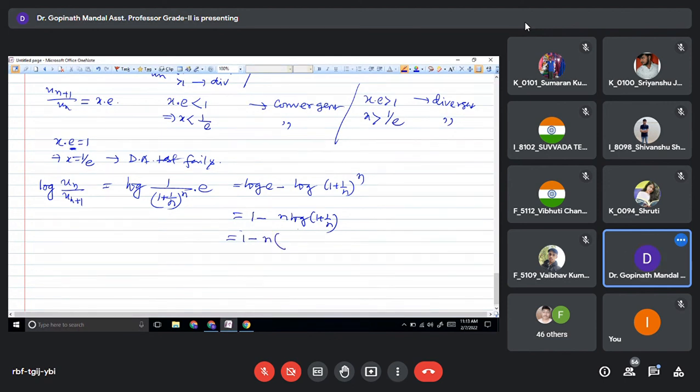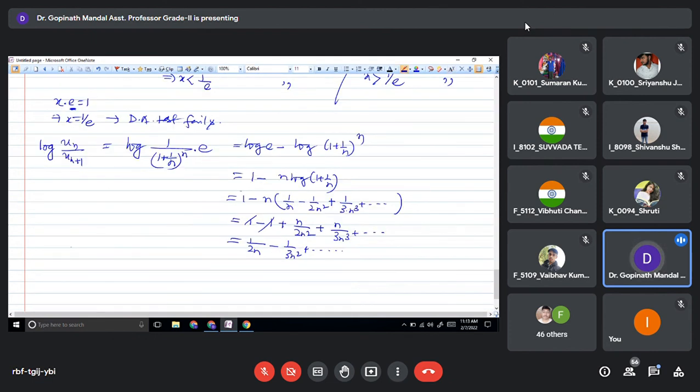Now expand log(1+1/n), that is 1/n minus 1/(2n²) plus 1/(3n³) series. So 1 minus 1 plus 1/(2n) minus 1/(3n²), and so on. So 1 cancels.